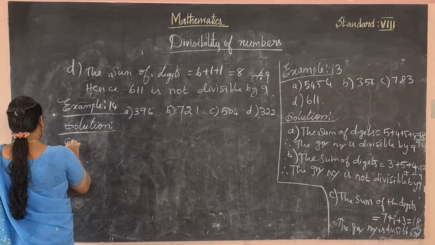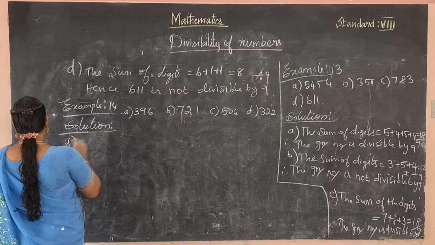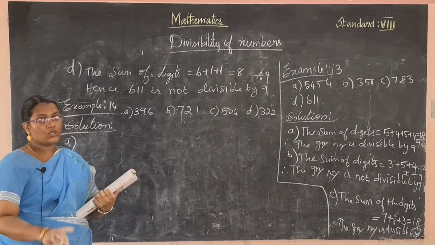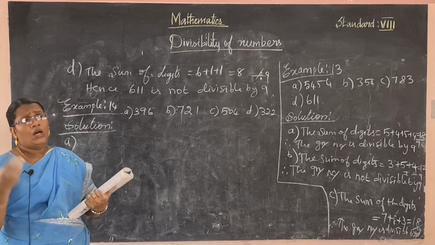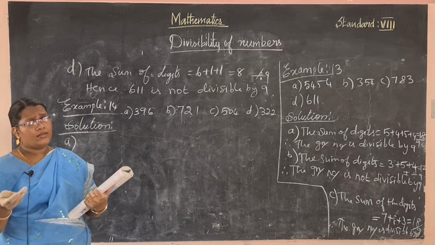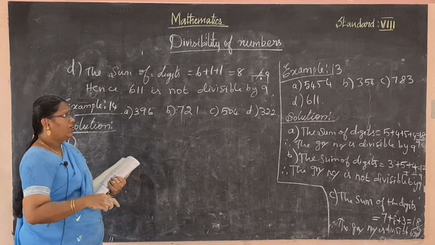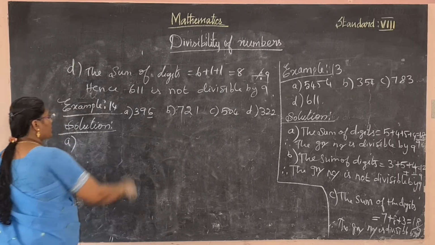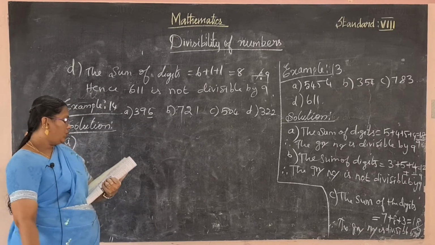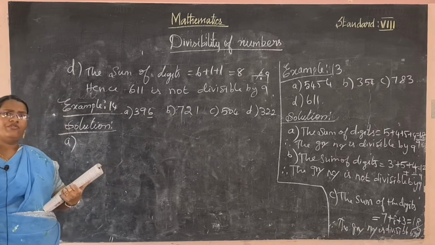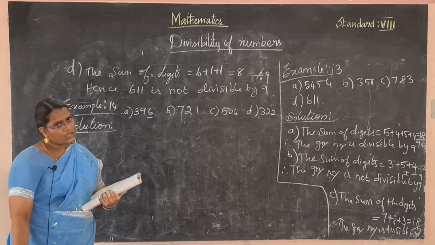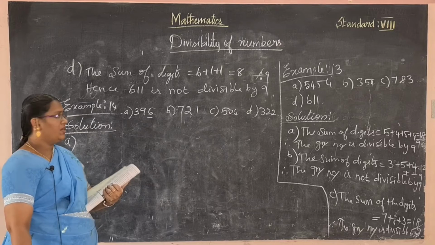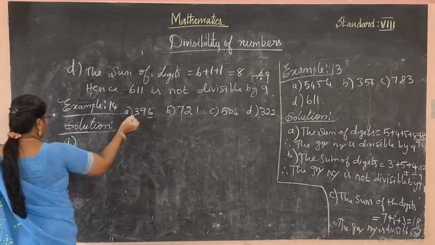Start with A. Okay, so for 2, what is the rule? If the unit place is 0, 2, 4, 6, or 8, it is divisible by 2. Okay, so here it ends with 6, so it's divisible by 2. So what is the rule of 3? If the sum of the digits is divisible by 3, then the given number is divisible. We will check the first one is satisfied.